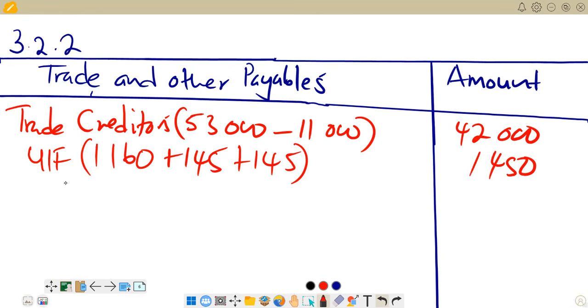Right. And also we have SARS in the form of pay as you earn. The figure that we are given that is pre-entered is 10,600. And then we need to see how much the one that was omitted is. Go again there.